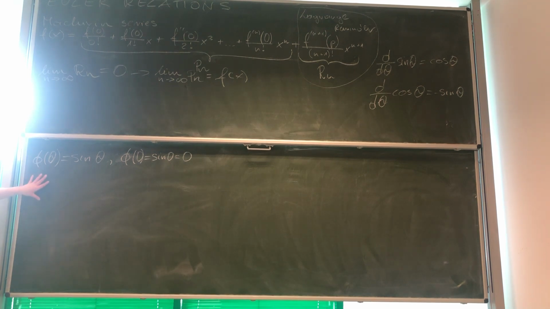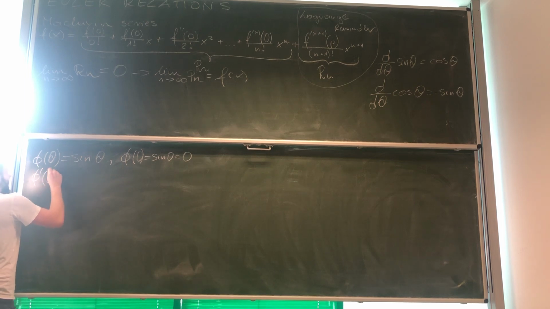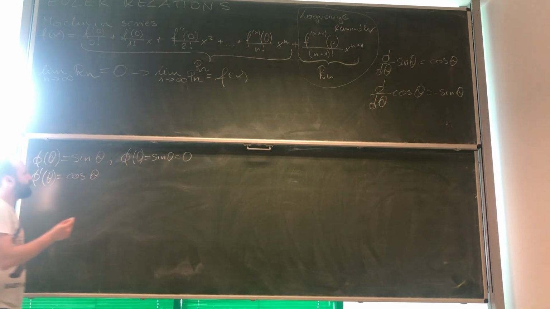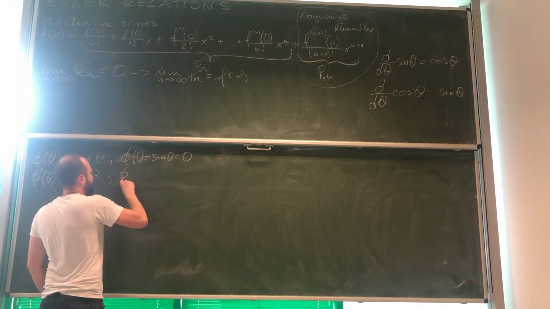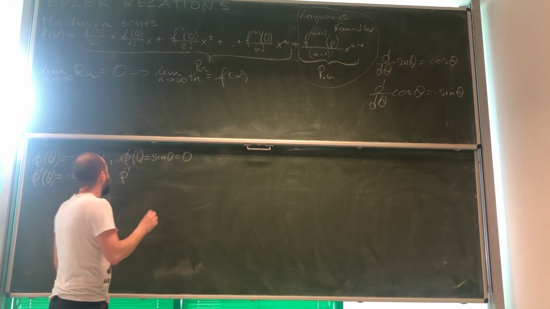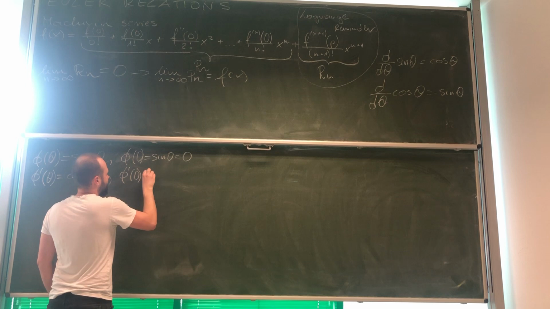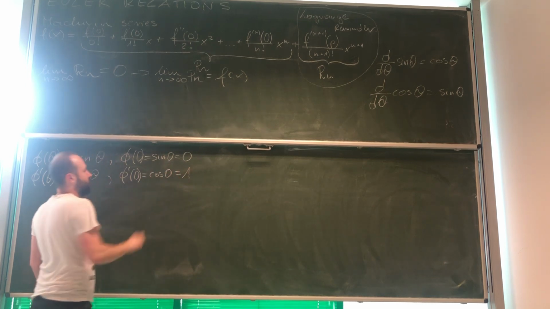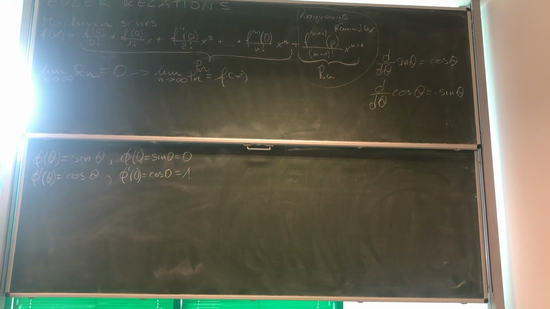Now look, what we need to do in the next step is to differentiate sine. If I differentiate this function for the first time, what I'm going to get is cosine theta. In this case, we get that phi prime of 0 is cosine of 0, which is equal to 1.